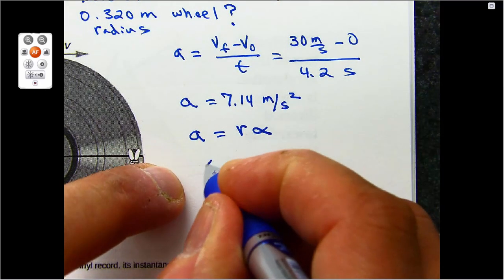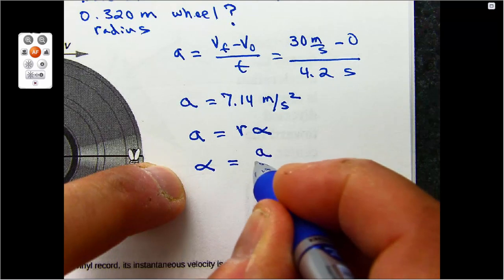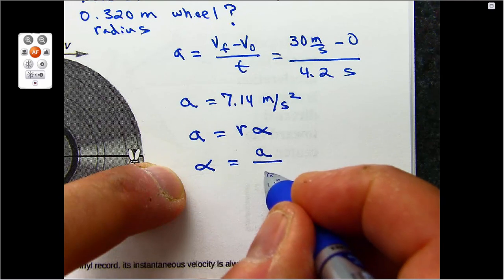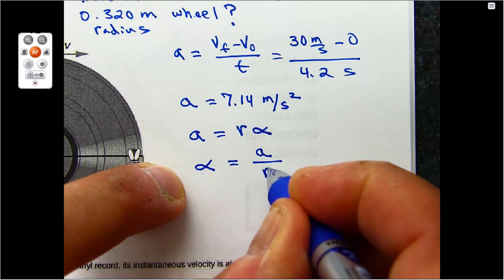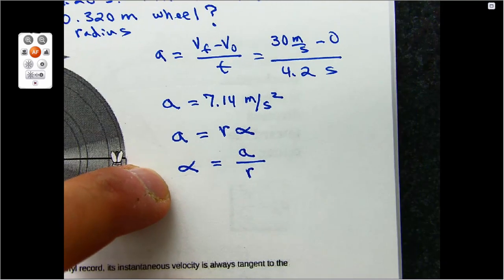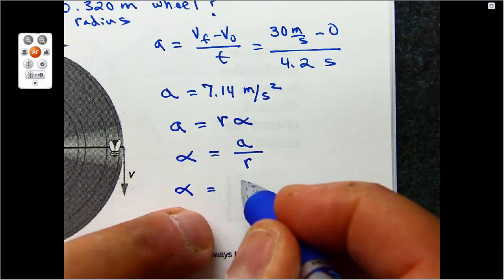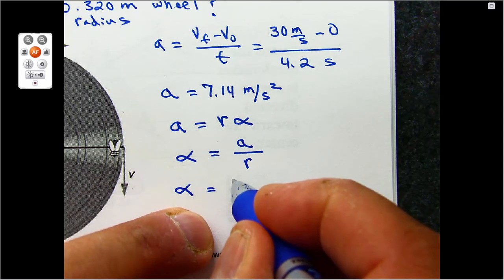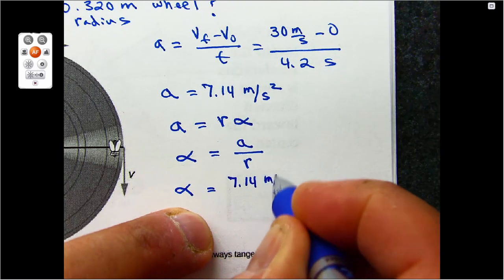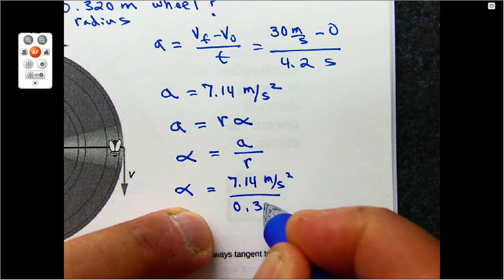So then if we want the radial acceleration, it's our tangential acceleration divided by our radius. Yes. So we would have 7.14 meters per second squared divided by 0.320 meters.